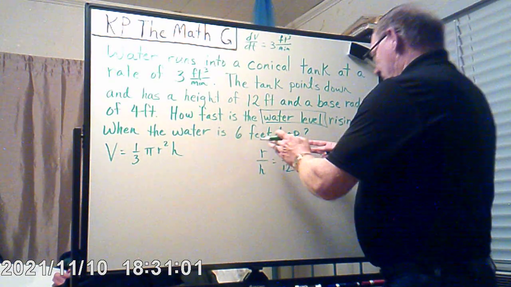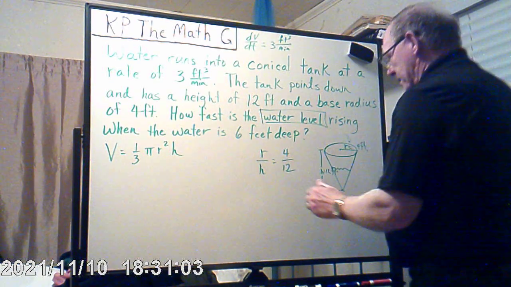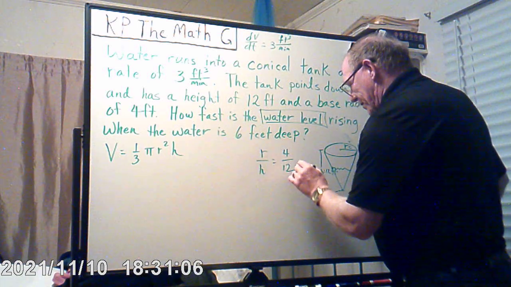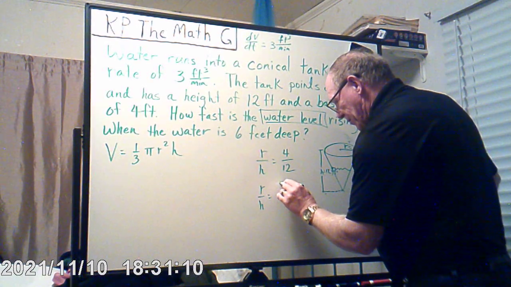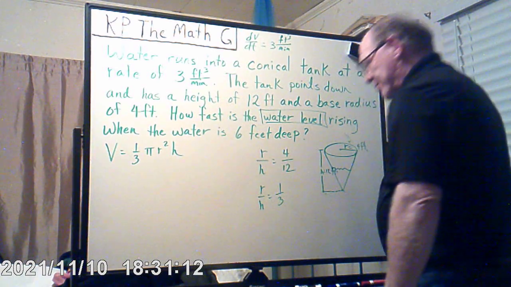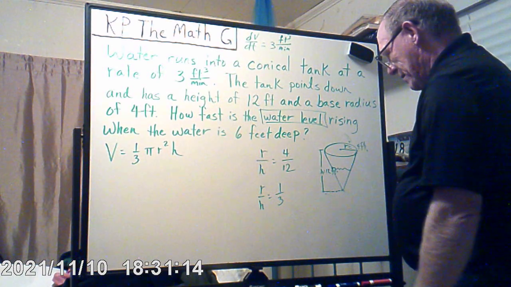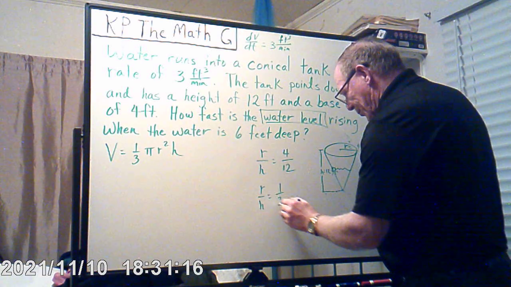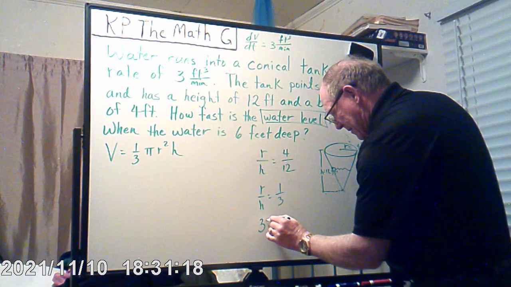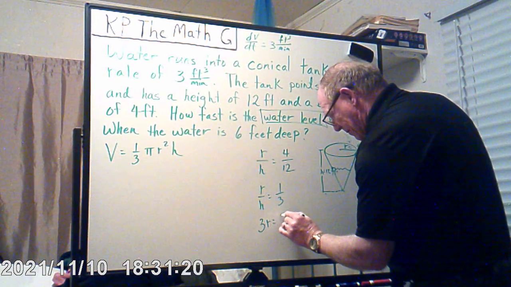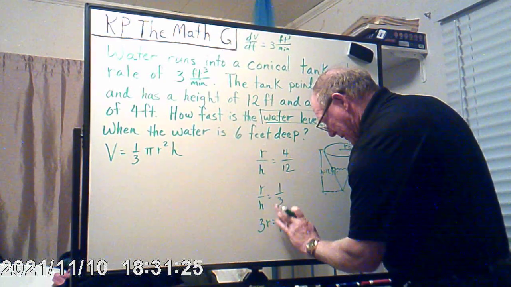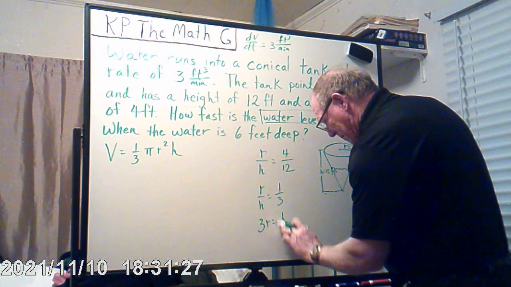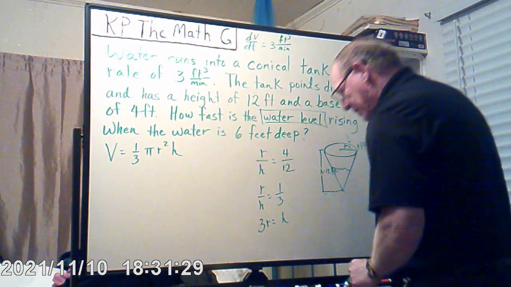Right now this is 4 over 12. If you reduce this, R to H is 1/3. So if we multiply, we have 3R equal to 1 times H, which is just H.